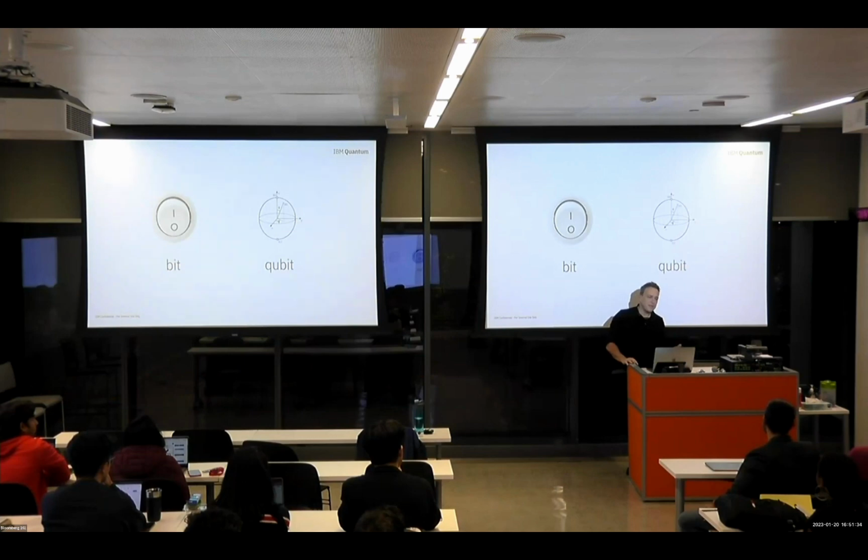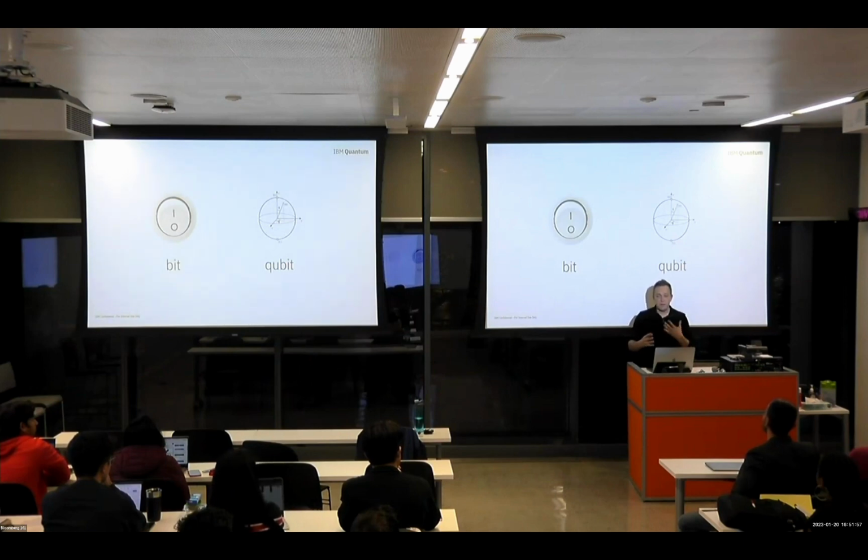Now, it's more complicated than that. The quantum physicists in the audience will kill me for saying this, but ultimately, it's much richer information than a bit. And as was said earlier, when you start connecting qubits together, you start entangling them, you create this vast computational space. And in that space, you can fit very, very large problems. And with clever quantum algorithms, you can come up with great answers very, very quickly.